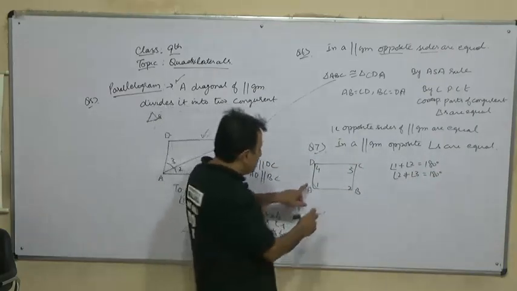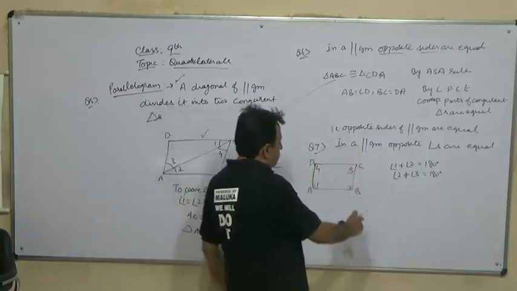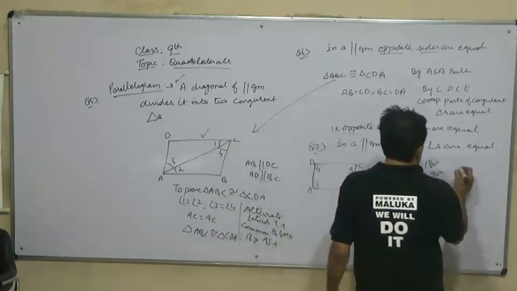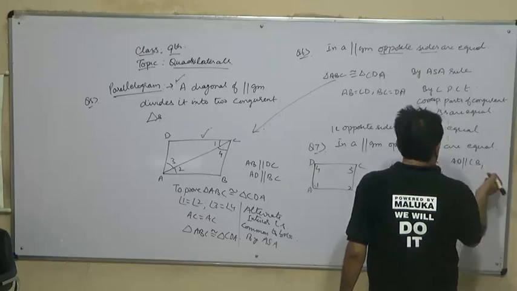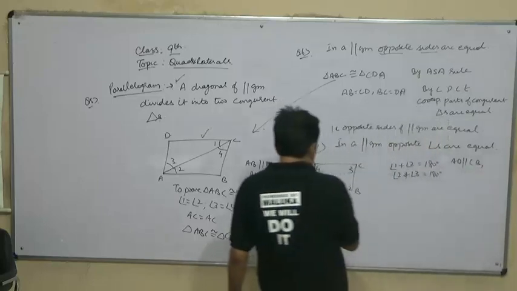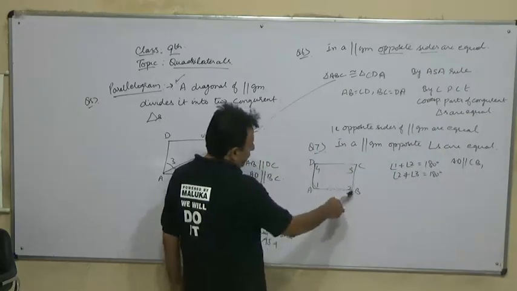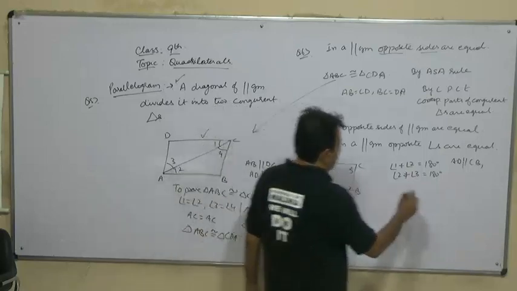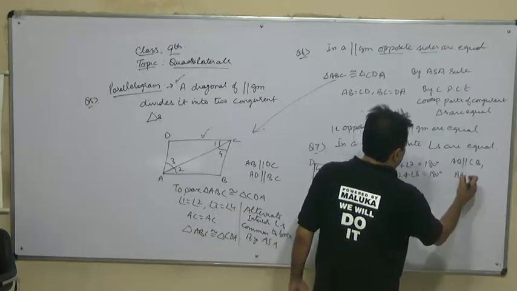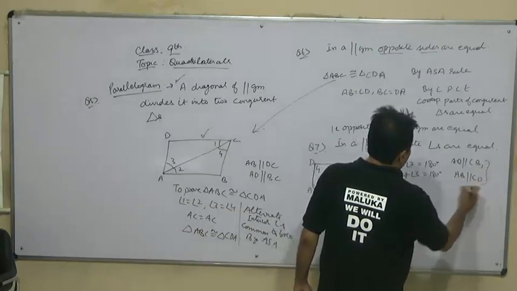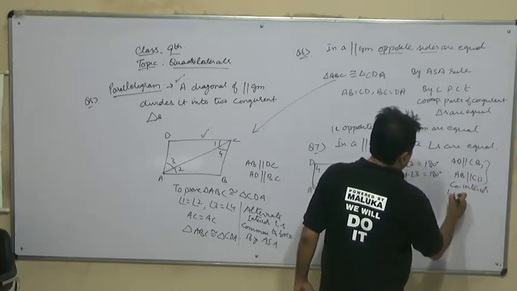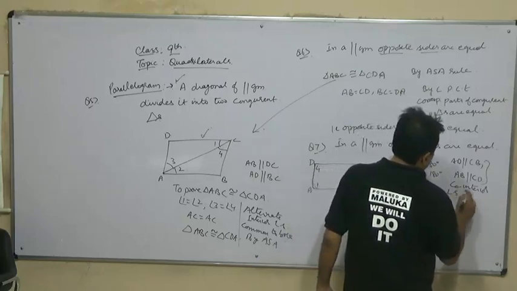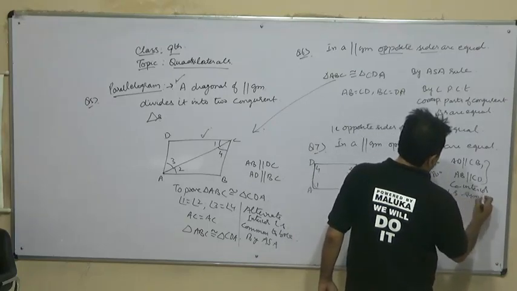So for this we have got AD is parallel to CB, and here for these two AB is parallel to CD, and co-interior angles sum is 180 degrees.